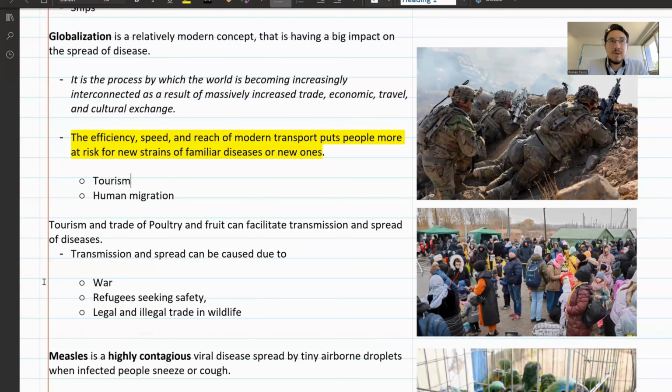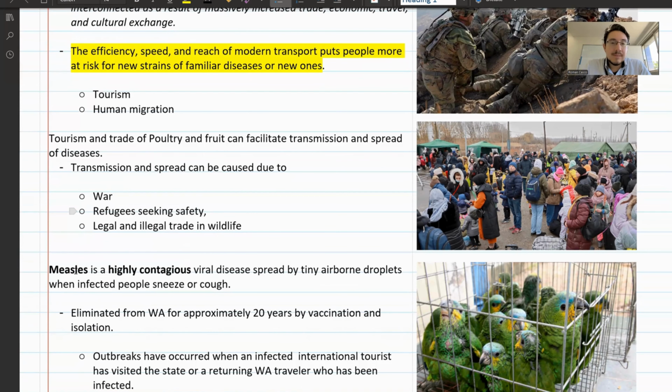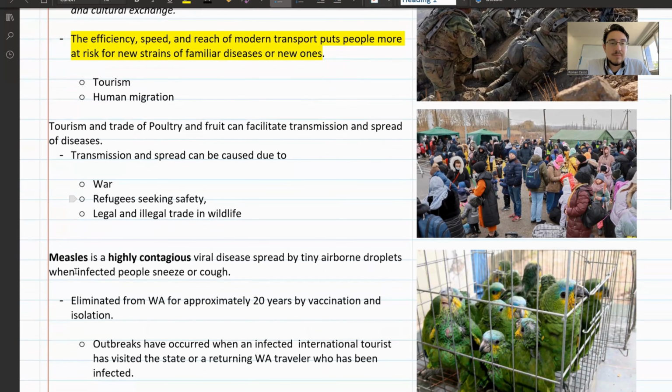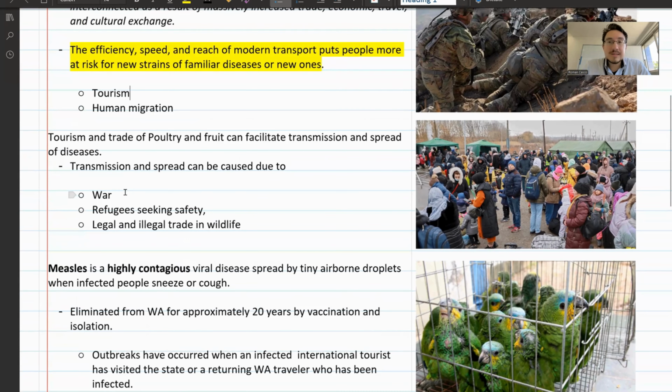Okay. Aside from that, you have tourism and that whole economy of poultry and livestock and produce trade, which does influence transmission and spread. Some other facets of this idea of globalization is war. With war, you have a lead of refugees passing, trying to seek safety and going to different countries, and so forth.